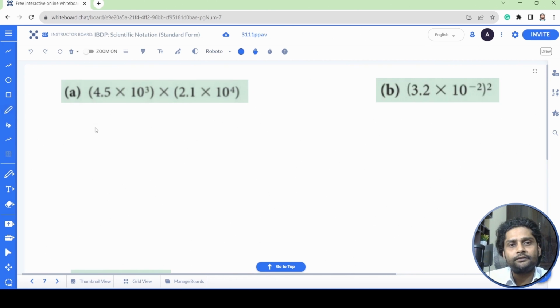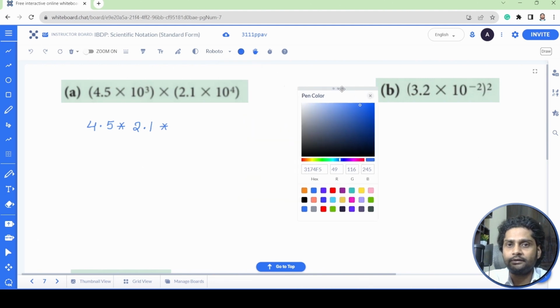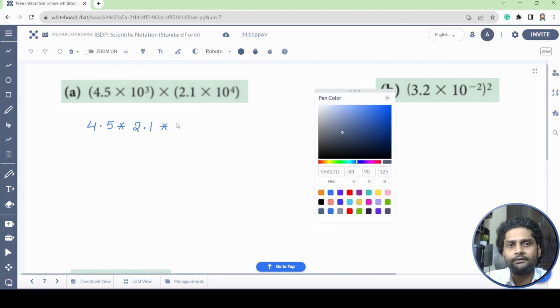The good thing is you can first multiply the non-exponential terms together and then the exponential terms together. So we've got 10 raised to the power of 3 times 10 raised to the power of 4. You know the same rule I have told you: when we have the same bases, we write them once and then we add the powers. So it's 3 plus 4, that's going to be 7 of course.